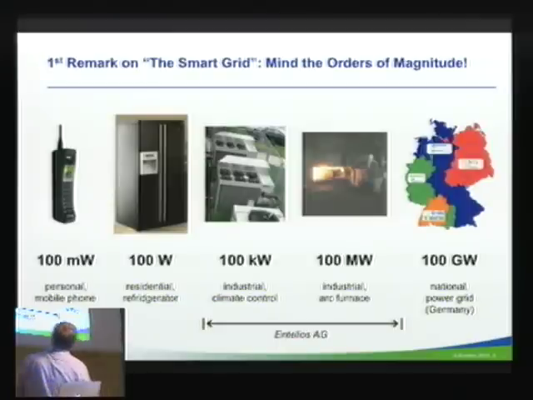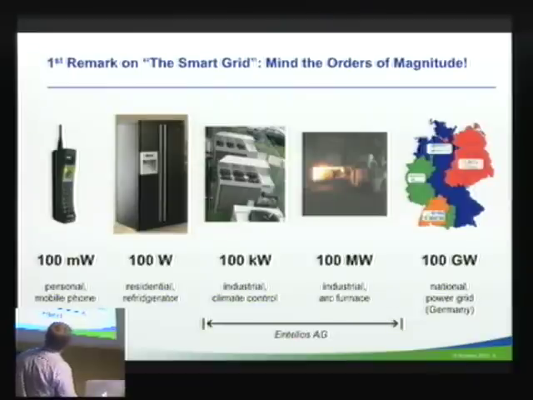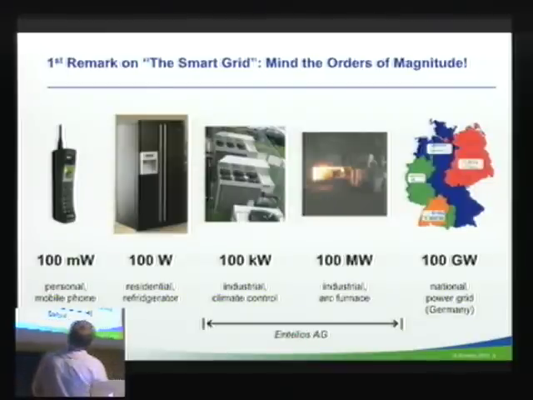So a mobile phone, an industrial climate control, an industrial arc furnace. I've seen exactly this one. And for example, the national power grid. So from here to there, that's 9 orders of magnitude. In order to do something visible even with refrigerators, you need to take a lot of them.